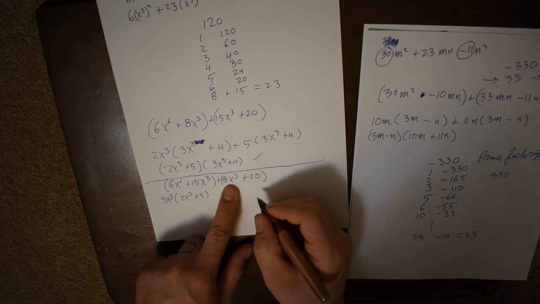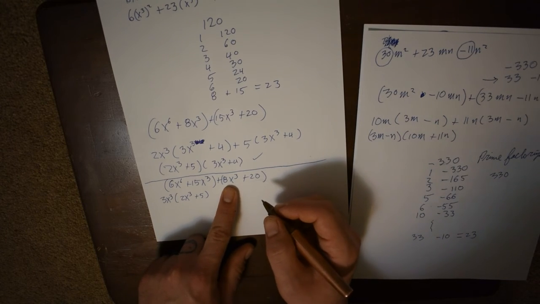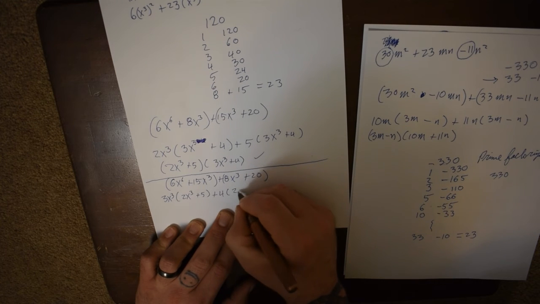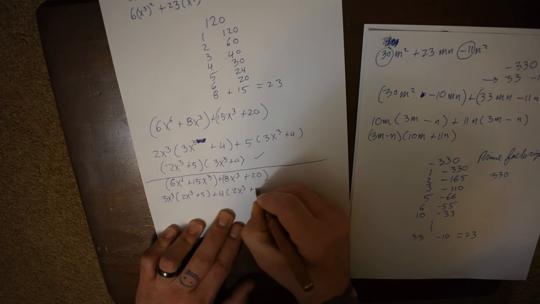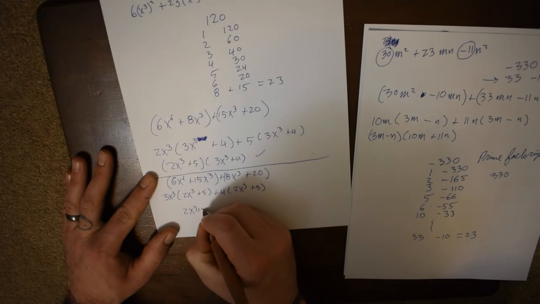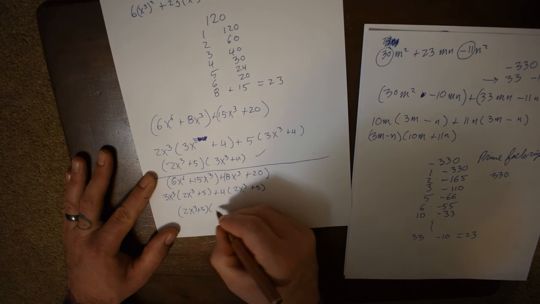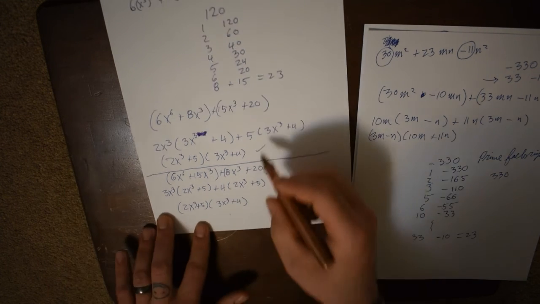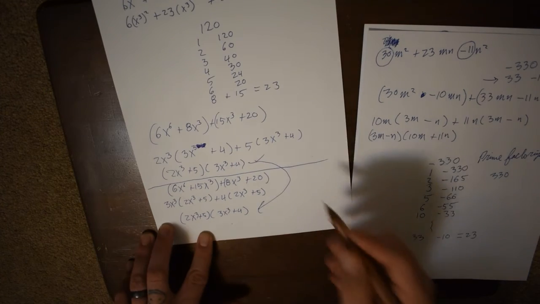And then what's common? We can pull out a 4 to give a 2x cubed plus 5. What's common? 2x cubed plus 5. What's left over? 3x cubed plus 4. They should definitely be the same.